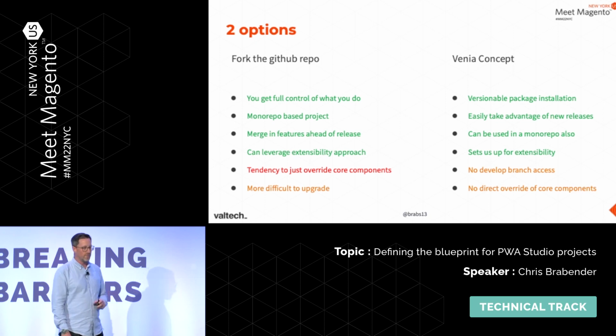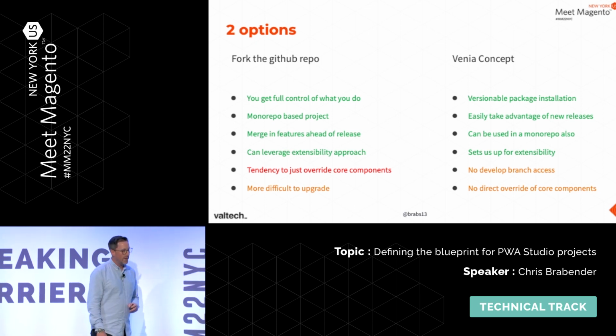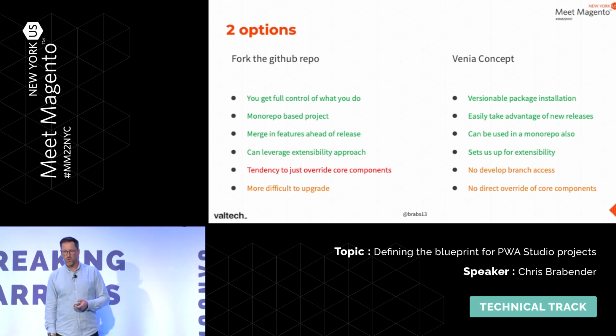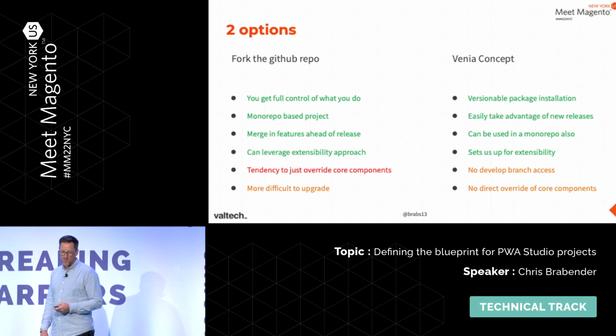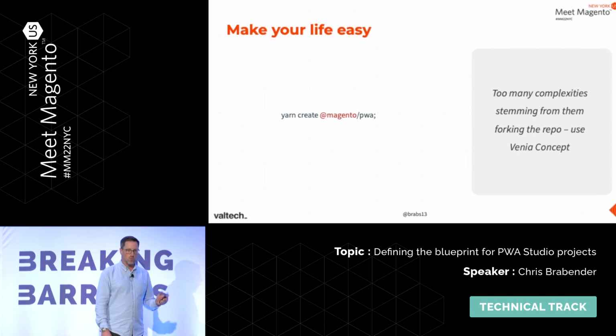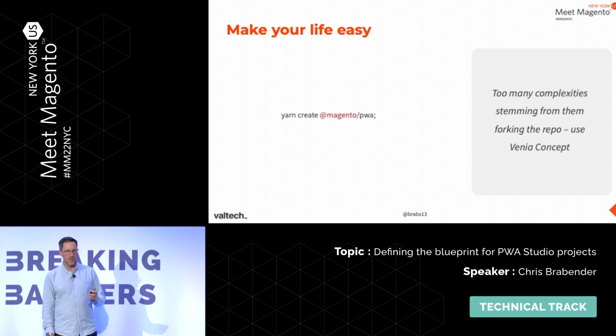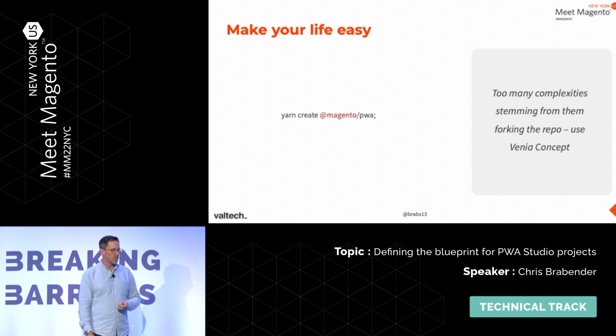So we do have to wait for releases from the core product. And we don't get to override core components, but that's actually a good thing for us because we aren't going to go and mess up our repository, our project. So we want to make our lives easier, and we want to use yarn create @magento/pwa. There's just too many complexities stemming from forking the repository of Venia. It's the one reason I've seen most projects fail.